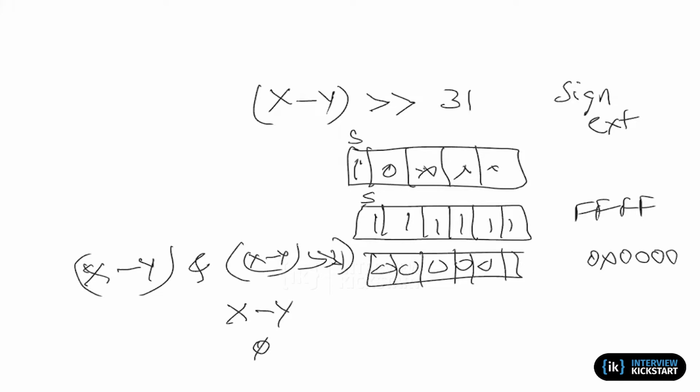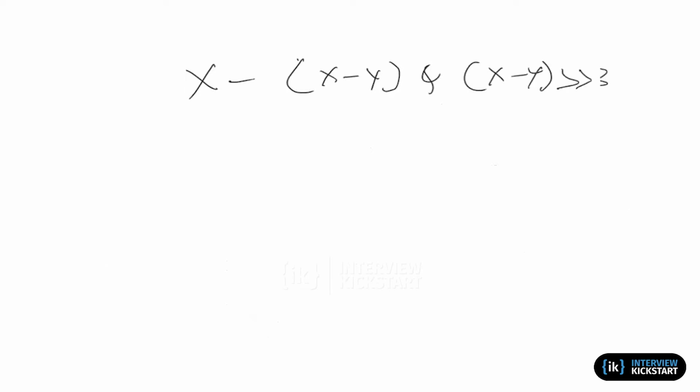So when this expression is evaluated, you get either X minus Y or 0. What do you do next? Then you need to give a result. So you compute X minus the expression (X minus Y) AND (X minus Y) shifted by 31.